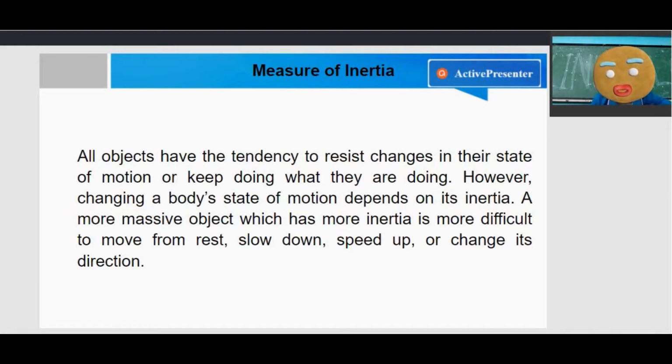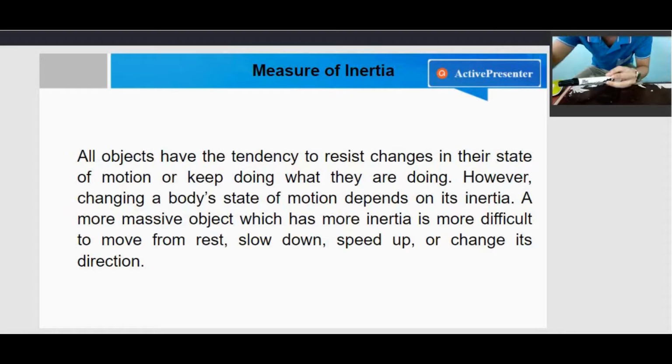Example, this pentel pen. Okay? I will move this pentel pen across this table. And as you can see, it stopped.